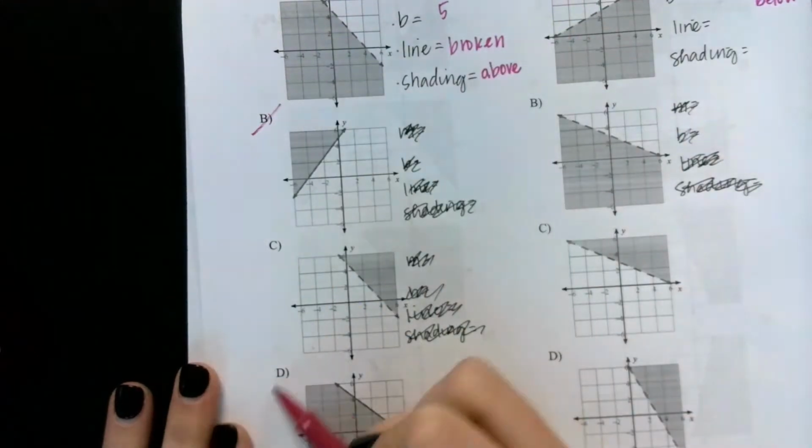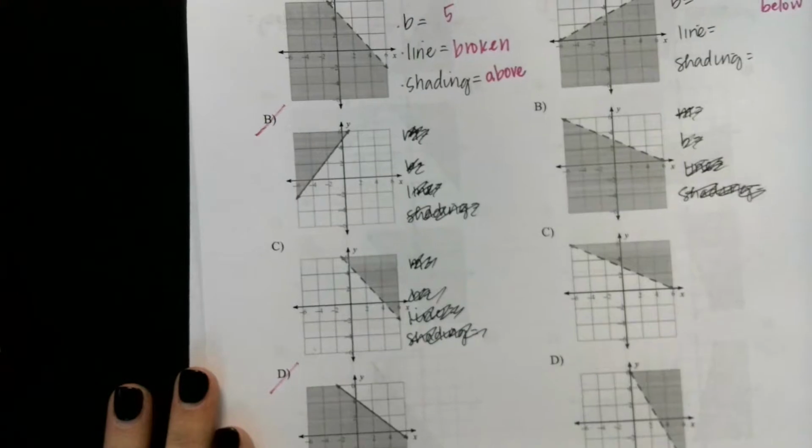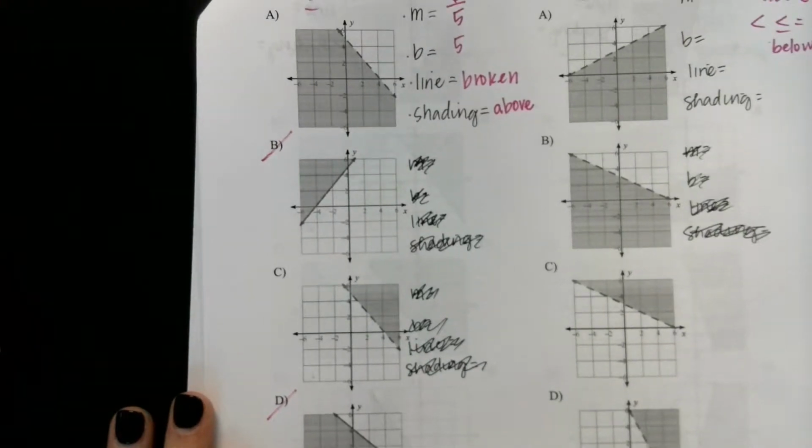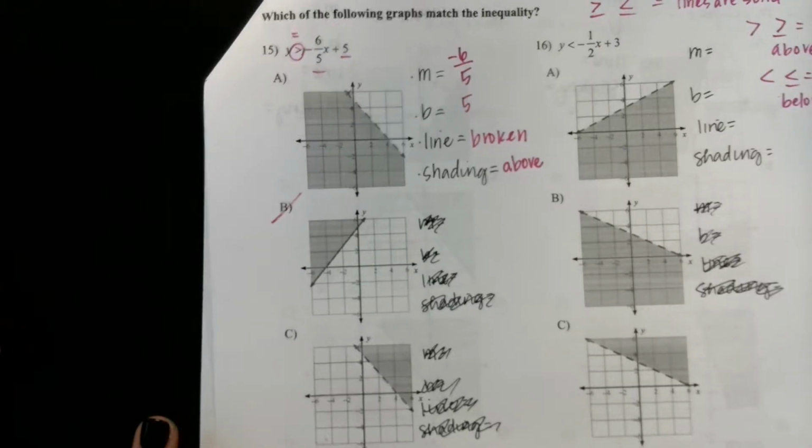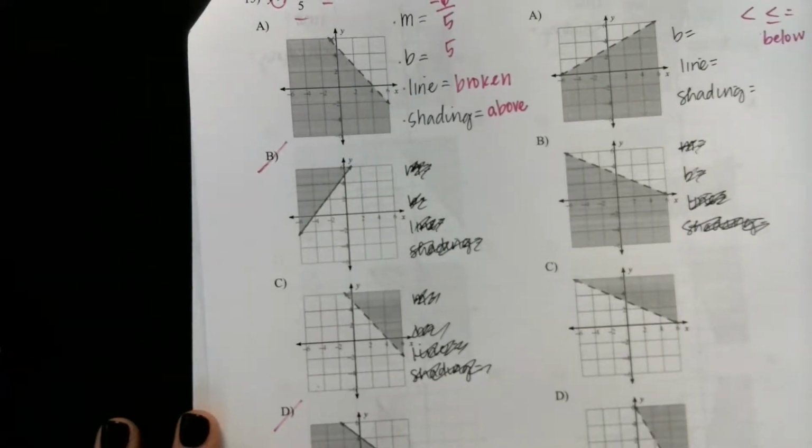B and D. And we also know that the shading has to be above the line because it says the inequality y is greater than negative 6/5 x plus 5. So between A and C, which one has the shading above the line?